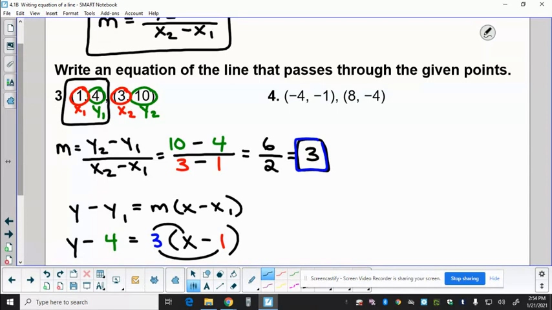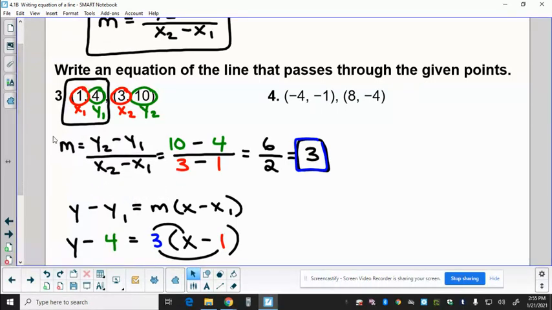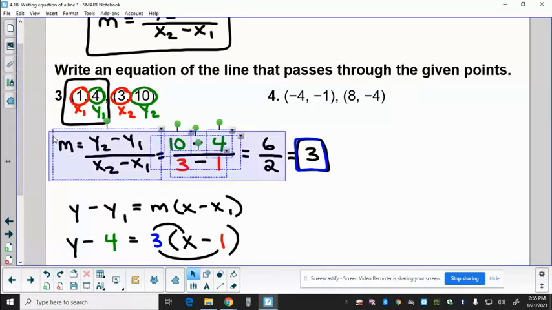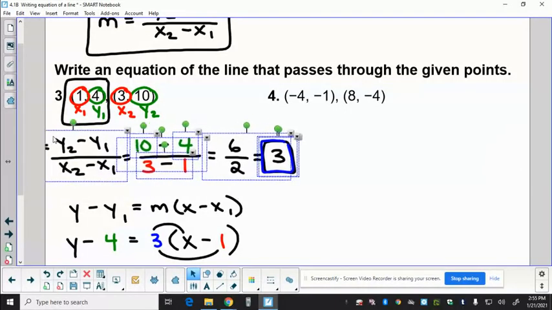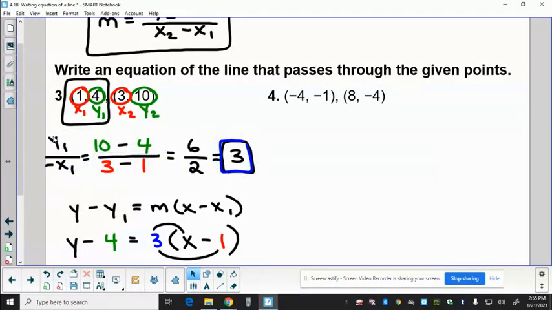Okay, here we go. X1, Y1, X2, Y2. First thing I want to do is calculate the slope. Write my formula, reminding myself what goes where. Maybe make a little template like this.